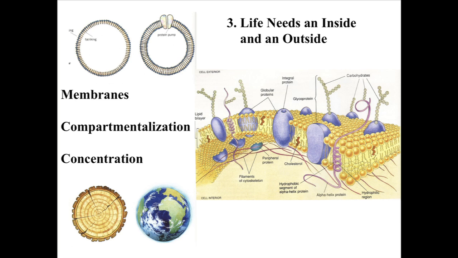Life needs an inside and an outside. I mentioned that one of the earliest events was compartmentalization. This is essential for being able to sequester the stuff of life against the stuff out there and condense and concentrate it in a meaningful, practical way. But there's another aspect to compartmentalization that's also important.